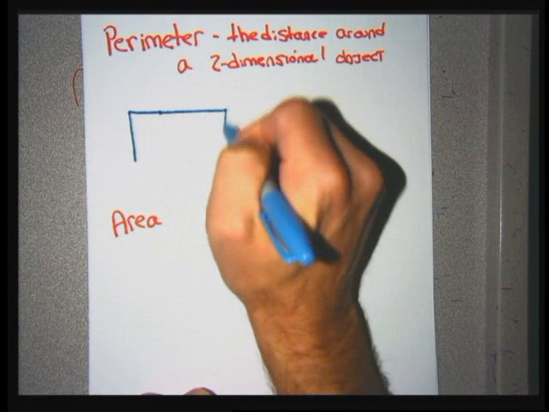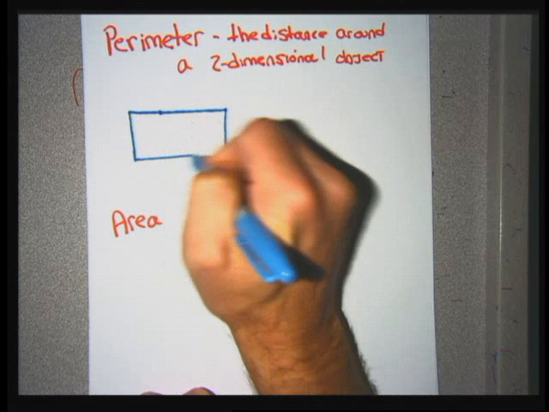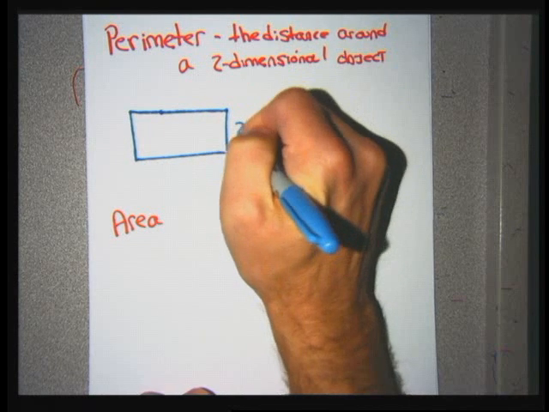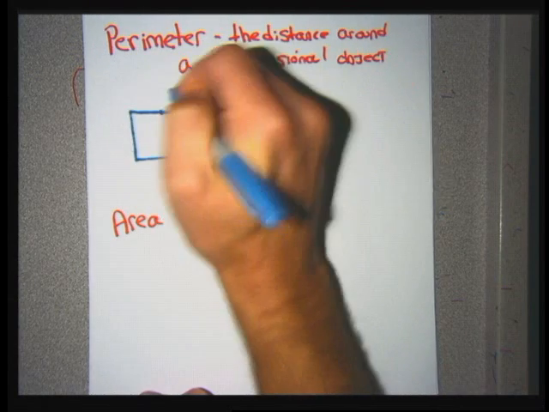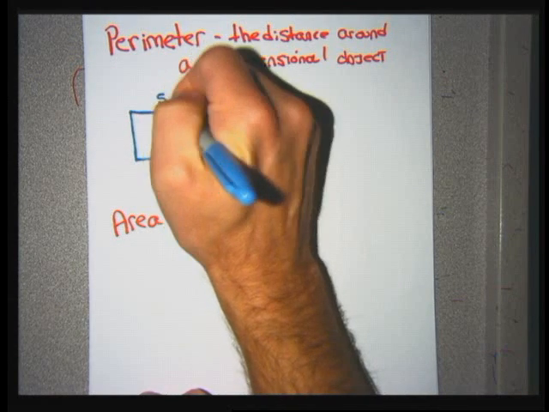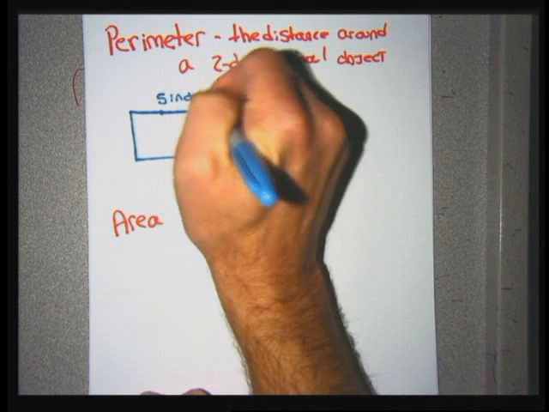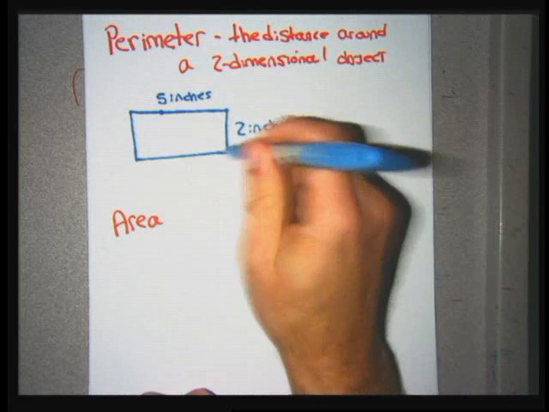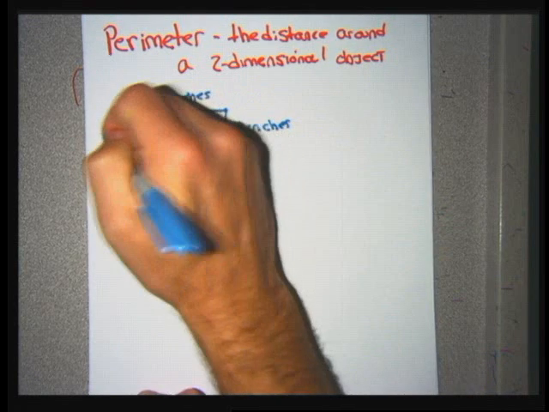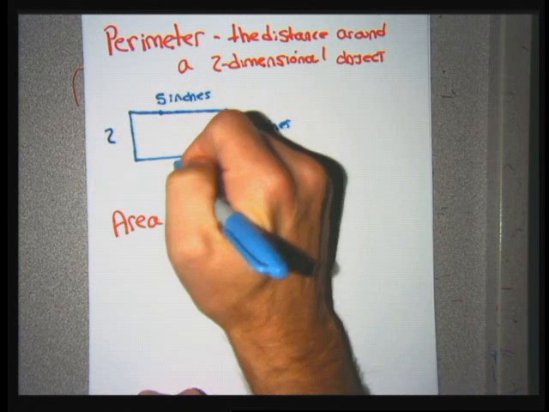Let me say that this rectangle is 2 inches, let me pretend, and this is 5 inches. So I have a rectangle that's 2 inches by 5 inches, and because I call this a rectangle, the opposite sides are 2 and 5 inches as well.